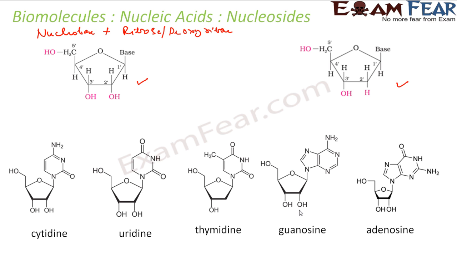These are examples of the output. This is my base, it can be bound to a ribose or deoxyribose, and you get different kinds of compounds depending on which base you used. You see, all these bases are different. So that is my nucleosides.